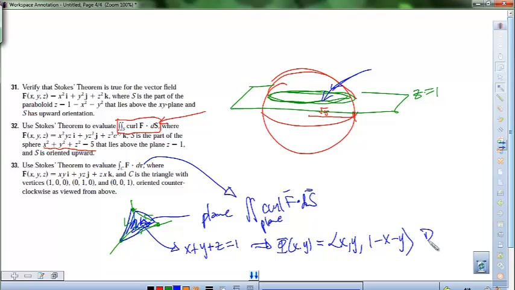And then your domain is going to be whatever this looks like on the xy plane, the shadow on the xy plane. It crosses the x-axis at 1, it crosses the y-axis at 1, and z crosses wherever it crosses, but this is going to be your domain.